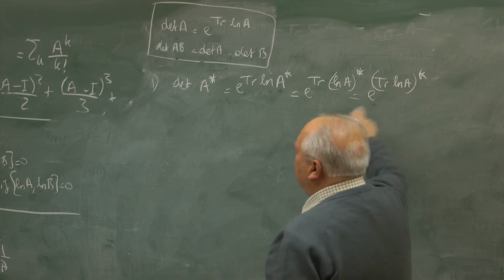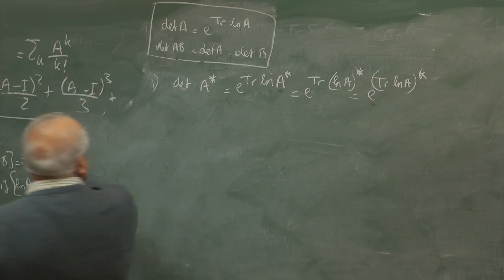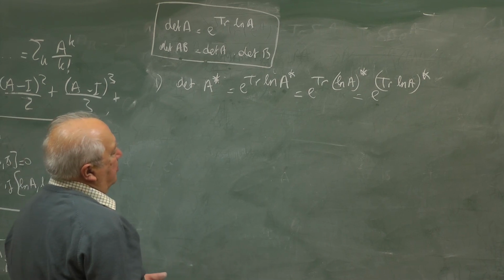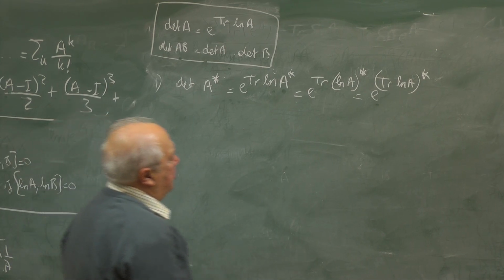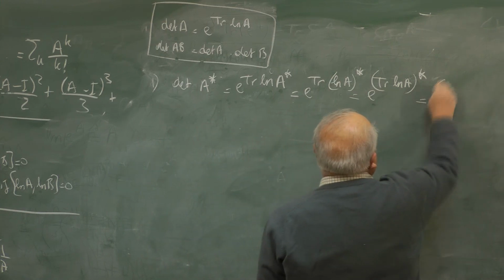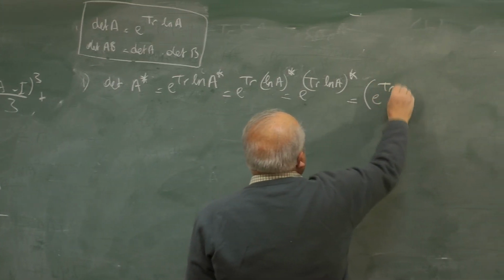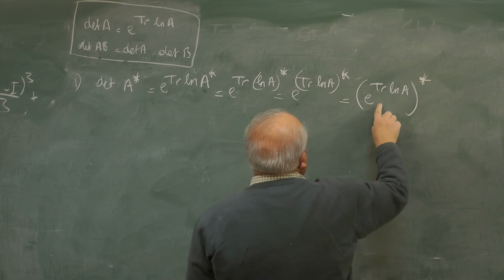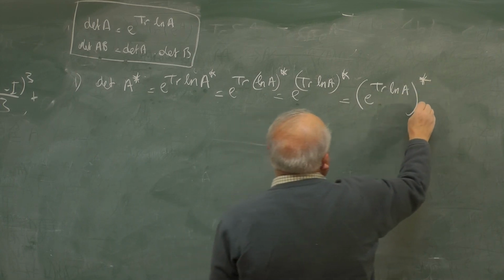But exponential is such a series, so you can complex conjugate term by term or sum the series and then complex conjugate. So it is e to the trace log A complex conjugate, but this is simply determinant A.